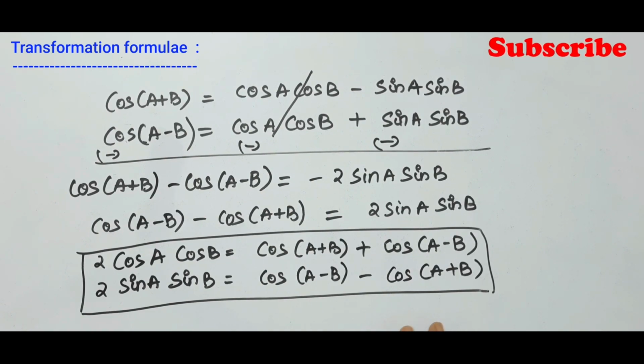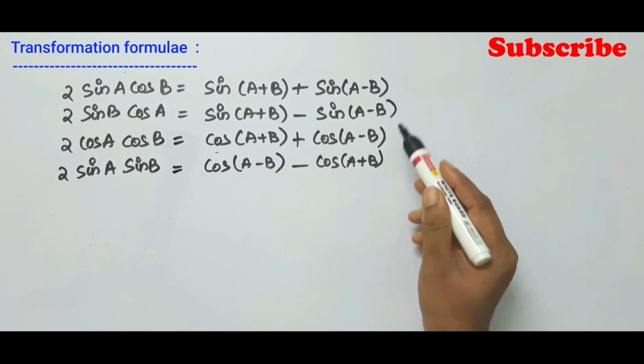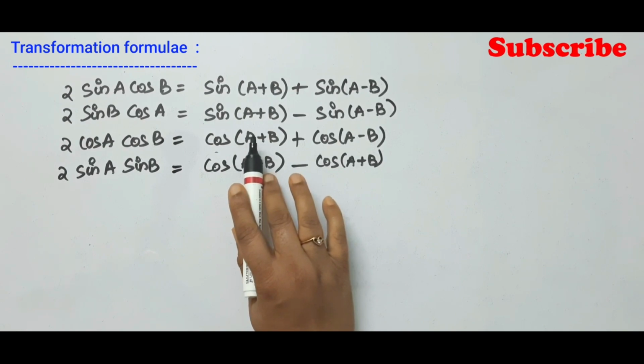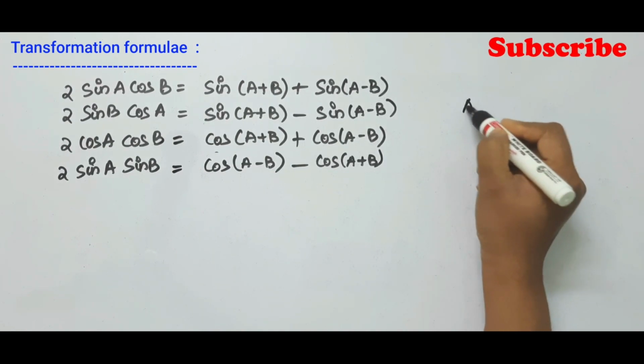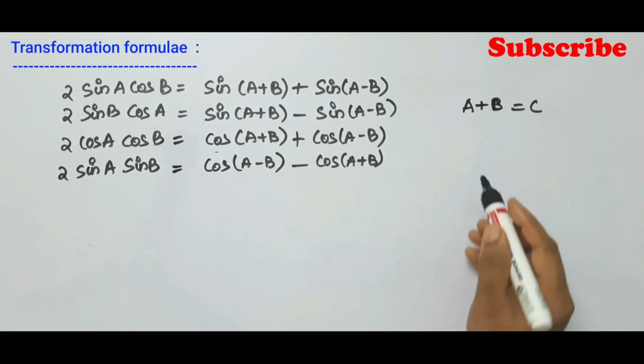Now let us see how these transformations will change if we take a plus b as a single angle, a minus b as a single angle. Okay, these are the transformation formulae we got till now, is it not? Now if you take a plus b equal to C, only one angle.